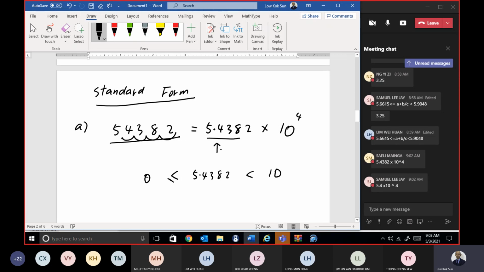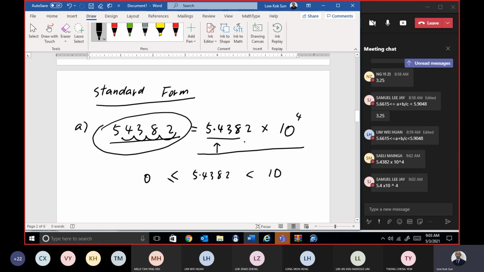So in other words, the number on the left and the number on the right, the left has been expressed in standard form already. This is standard form. Can I ask you, why do I call this a standard form? Anyone? Why?